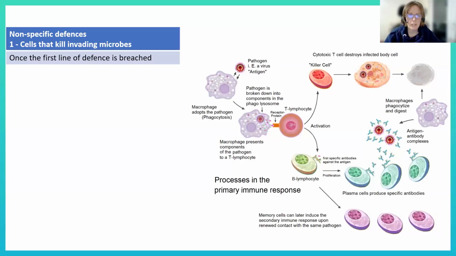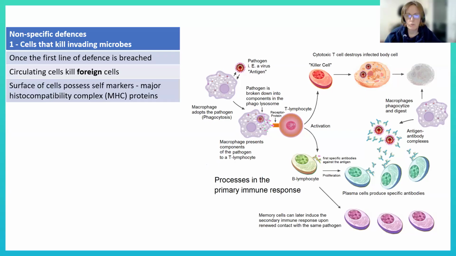So once that first line of defense is breached, we've got these cells circulating and they will kill the foreign cells. So the surface of our cells has got self markers. We've talked about these before. They identify them as part of our body. They are extremely variable in the population.